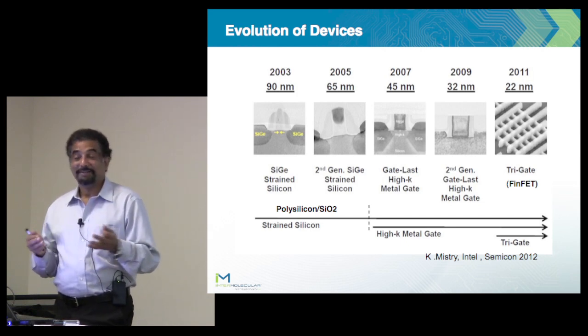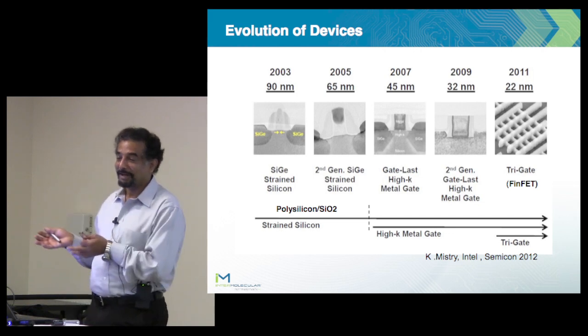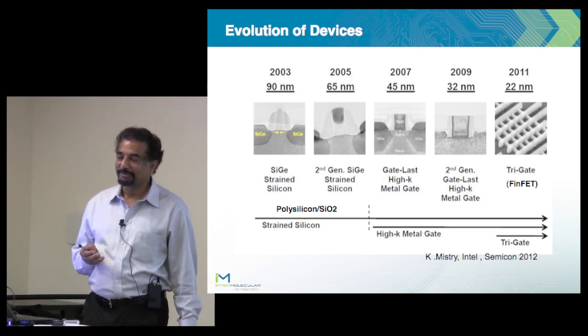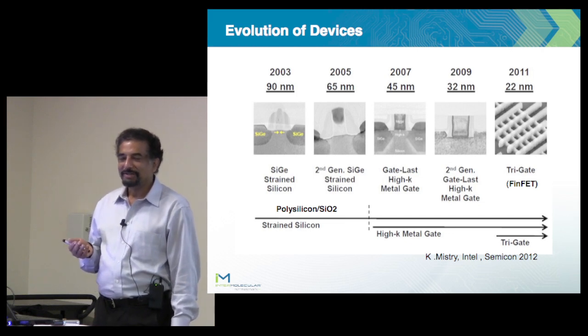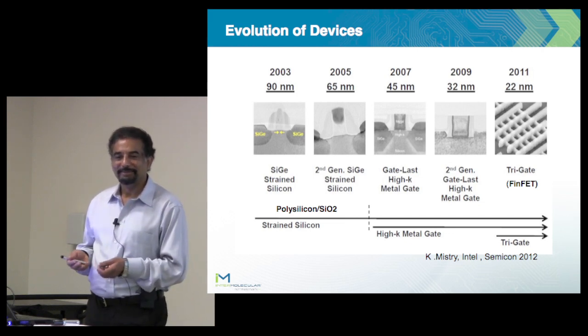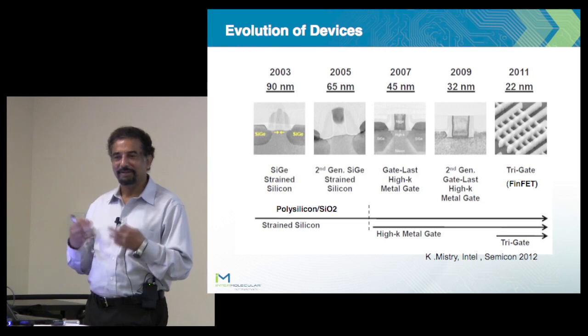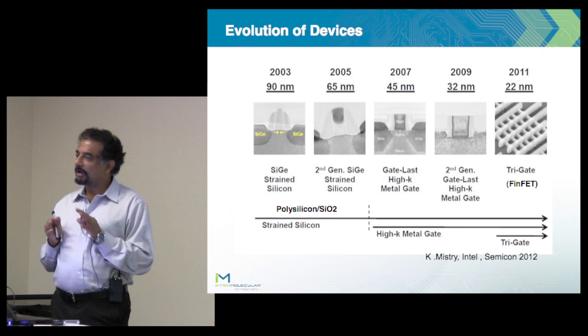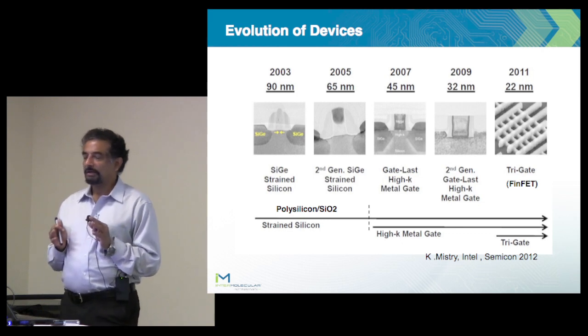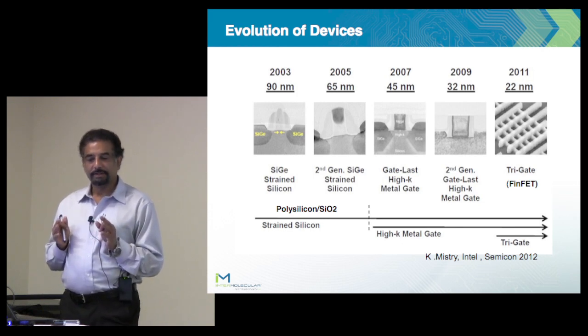And then, strangely enough, later on, as Krishna pointed out, I was running the TCAD group in Synopsys, and I'm back again, not only using it, but actively trying to sell it to a lot of the customers. But there was a lot of fundamental understanding done on silicon and silicon dioxide.